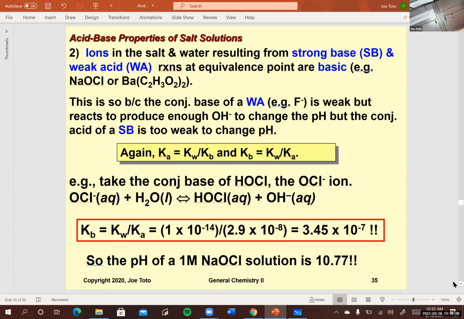Number 3 is a weak base with a strong acid. Number 4 is the acid-base neutralization of a weak acid with a weak base. And we're going to take a look at all those possible resulting pHs. And like we said in that statement before, they're all possible, and it all depends on what's reacting and what's left over in the salty water.